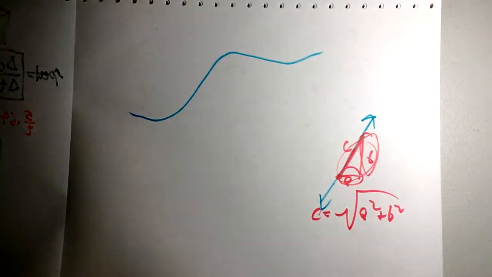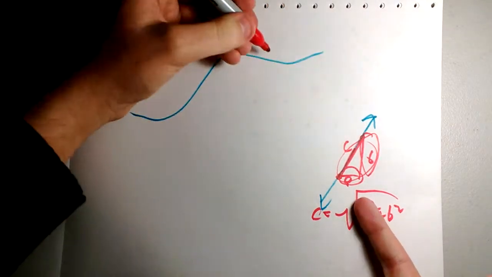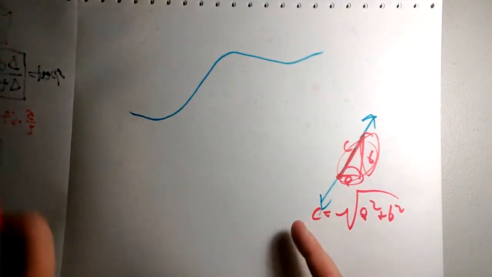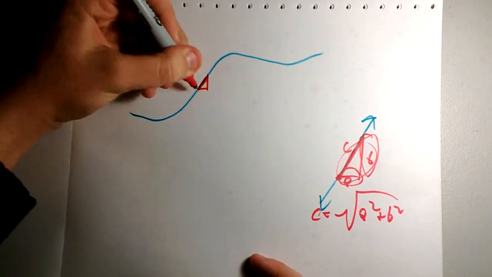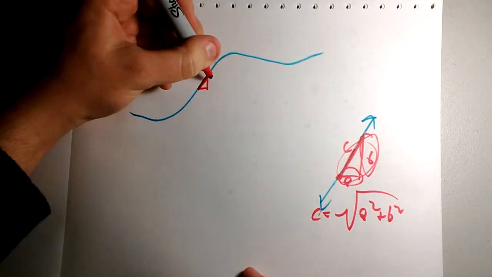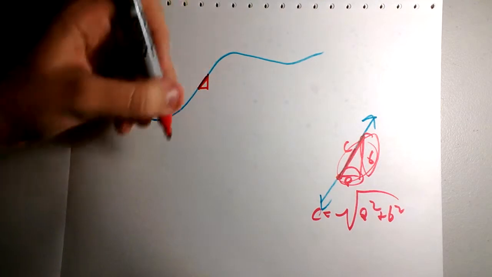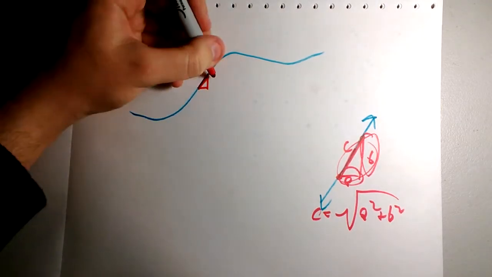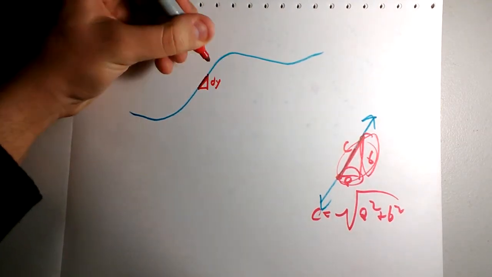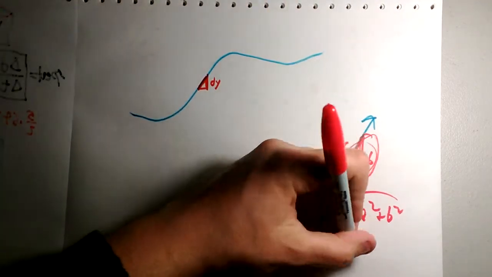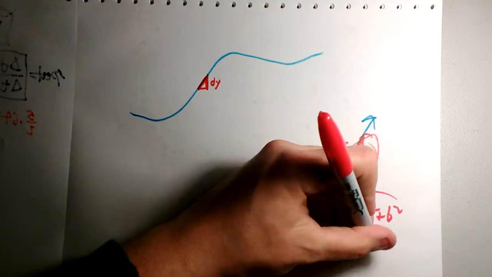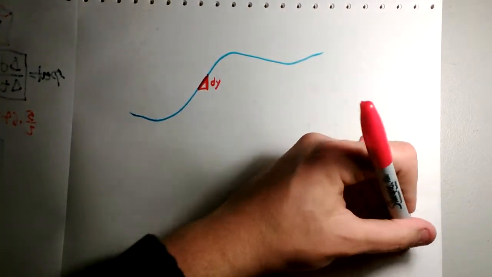Well, if we have a curve, we have a bunch of infinitely small triangles. So let's set them up. Let's set up a random example like this. Remember how we did small areas? Well, here we go. We have a tiny change in y. We're talking in calculus terms, so no longer change in y, but we're using dy.